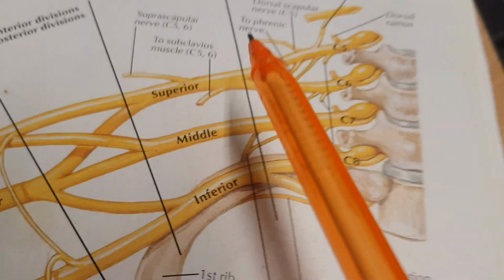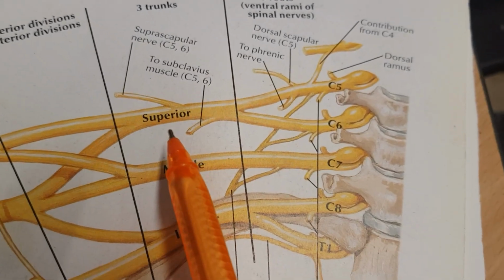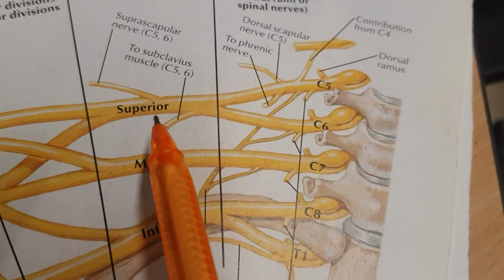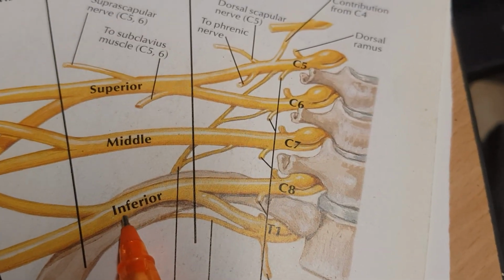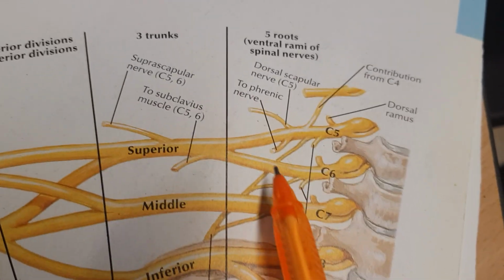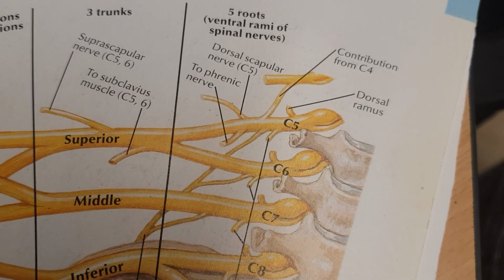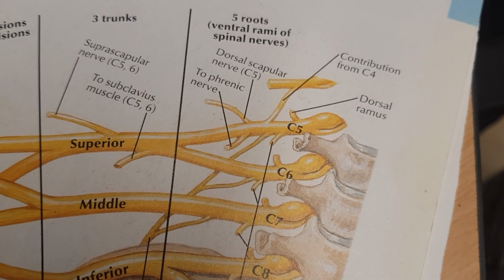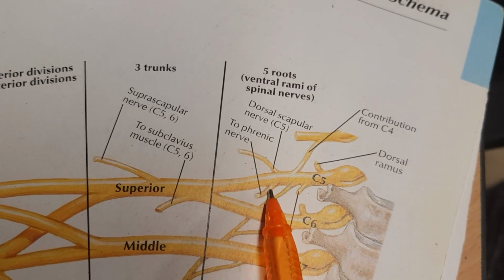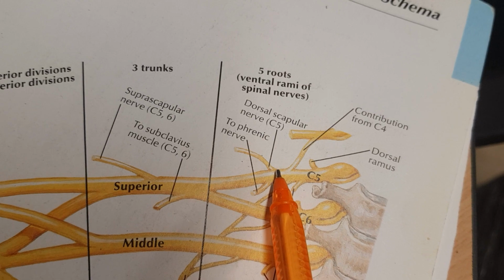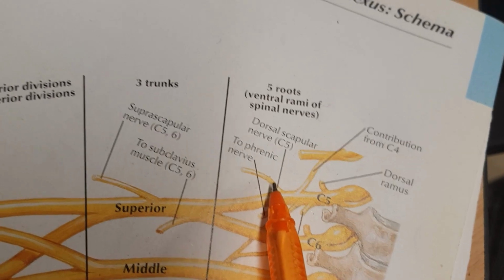Now we said it's 5 roots. Those roots combine and become 3 trunks. We have the superior trunk, the middle trunk, and the inferior trunk. From the roots, we have these branches that supply the longus colli muscle and scalene, and then we have the long thoracic nerve, the branch that joins the phrenic nerve, and the dorsal scapular nerve that supplies the rhomboid minor and rhomboid major.